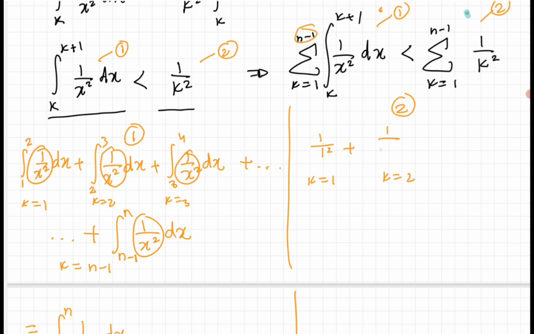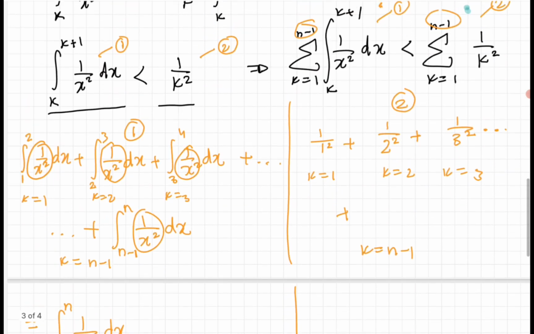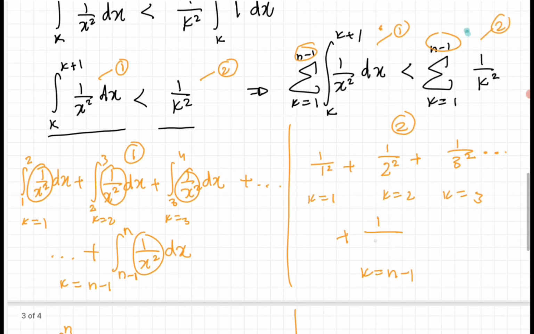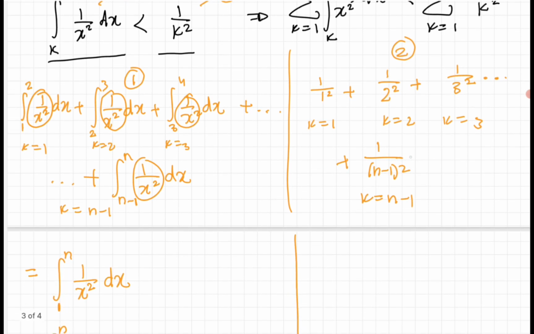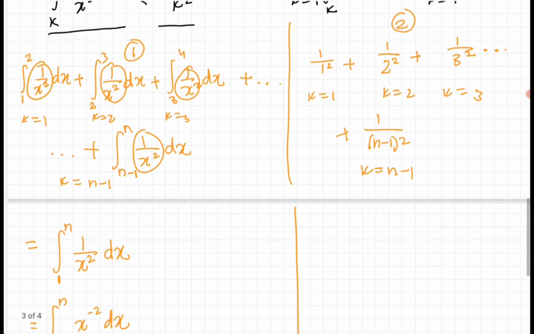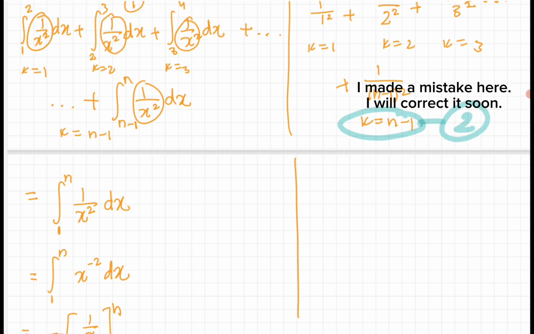We get 1 over 2 squared, which is 2 to the power 2, plus when k equals 3, we get 1 over 3 squared, plus when k equals n minus 1, because there's n minus 1 here again, we get 1 over n minus 1 squared. Okay, and now we can't really simplify this anymore, so we're just going to leave it as it is. So then this is also a key component.